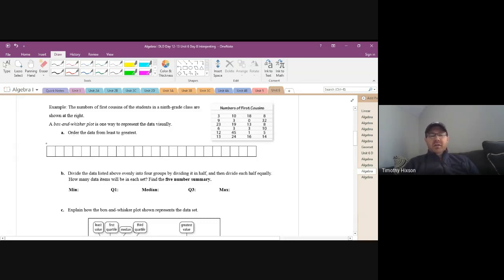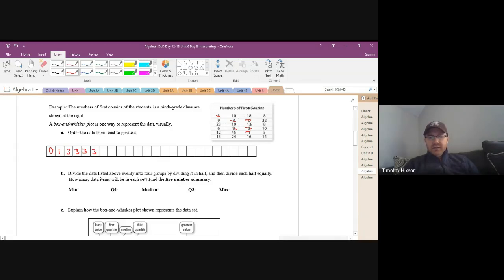The first thing we have to do is order the data from smallest to largest. I see a 0 there and a 1. It can be helpful to cross these out. Then I see there are four 3s, and we do need to list all of them. It looks like 3 is probably going to be our mode here.